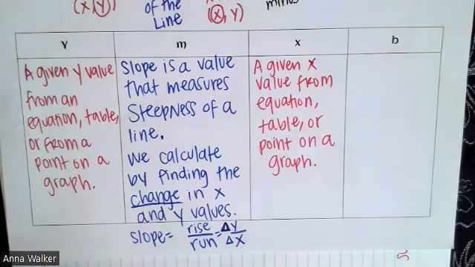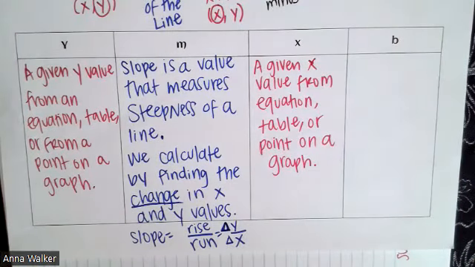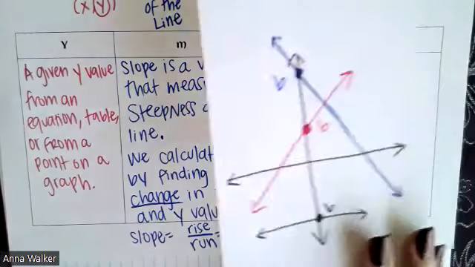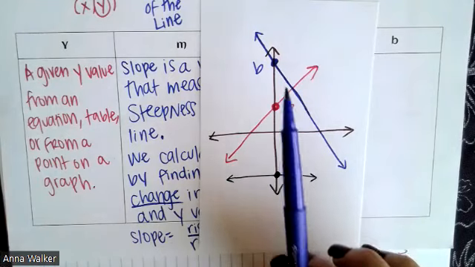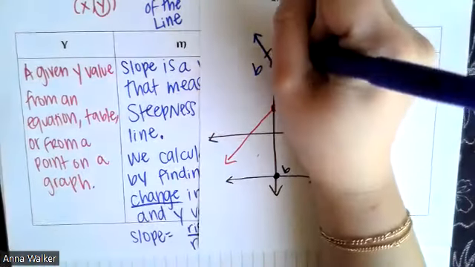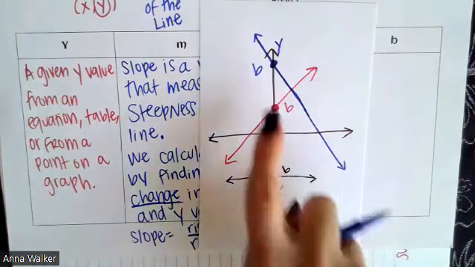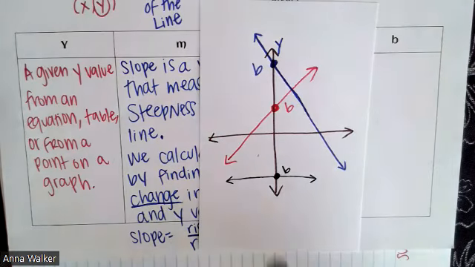Okay. And then the last thing is b, the y-intercept, which is something that we went over a little bit when we talked about the coordinate plane. Okay. So I'm just going to reference this image for a second so you can see. The y-intercept is where the line crosses the y-axis. So here is our y-axis, and I've drawn a couple of lines. There's a blue line, a red line, and then a black or brown line here.